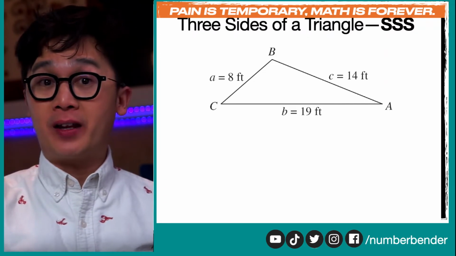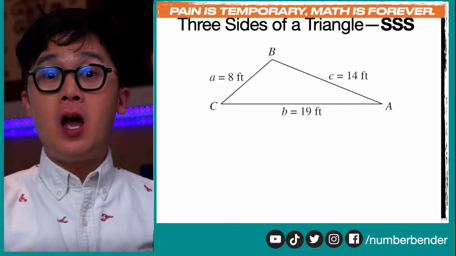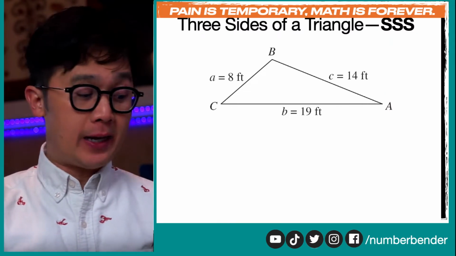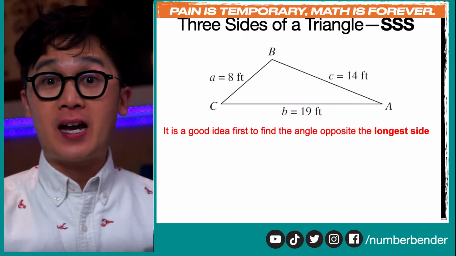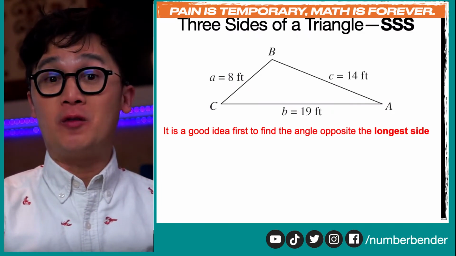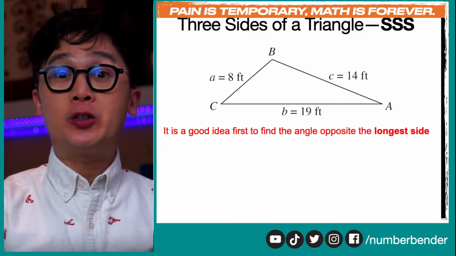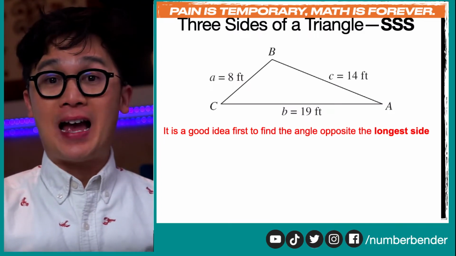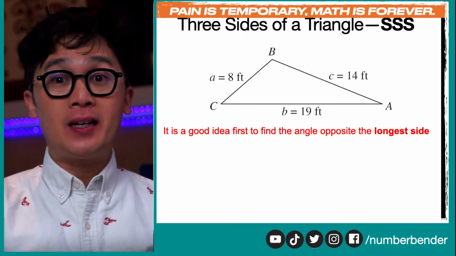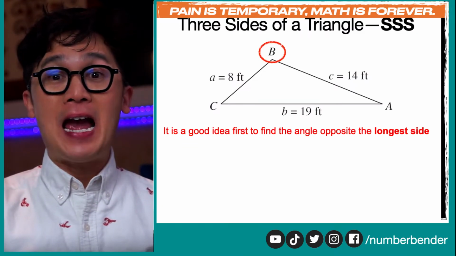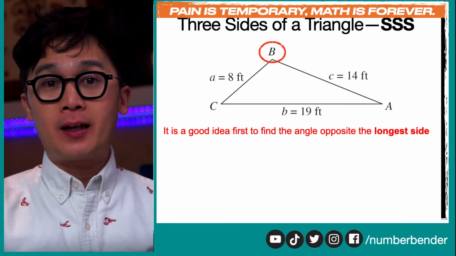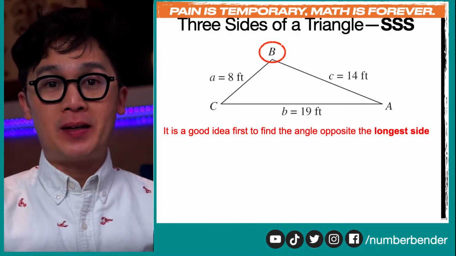When solving this particular oblique triangle, we need to focus on the longest side. In this case, the longest side is side b, because this is going to be our reference point for using the law of cosines. Since side b is the longest side, we can first look for angle B to complete the missing angles.